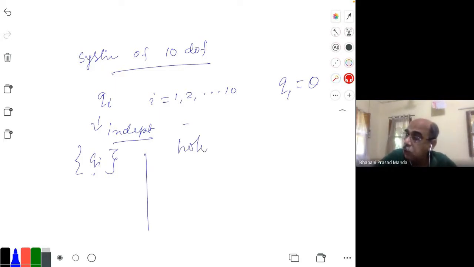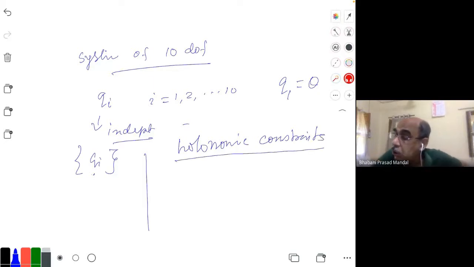Let us first take holonomic. Suppose there are k number of holonomic constraints, and the total degrees of freedom is for n particles in 3 dimensions.